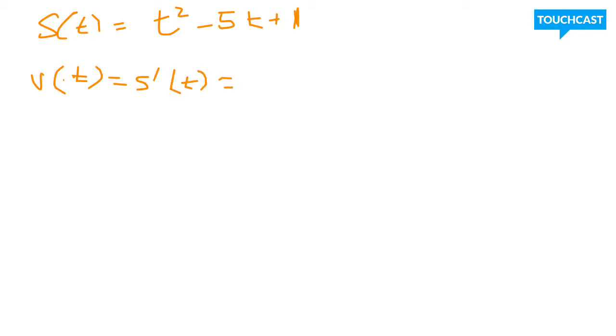And I know how to take the derivative of a polynomial. The derivative of t squared is 2t. I'm using the sum and difference rule. I have a subtraction sign. And the derivative of 5t is 5. So v of t is equal to s prime of t, and that's 2t minus 5.